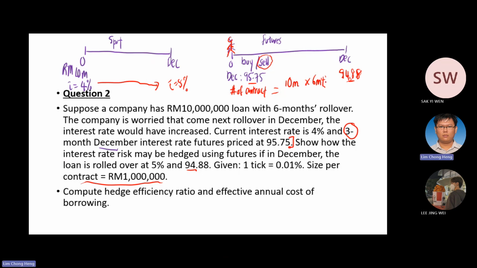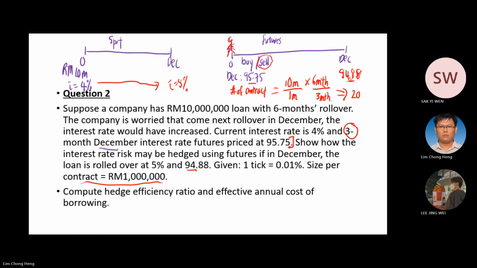The contract is 1 million and for 3 months. So in total, how much do you need? 20. So after you sell 20 contracts, you do nothing.